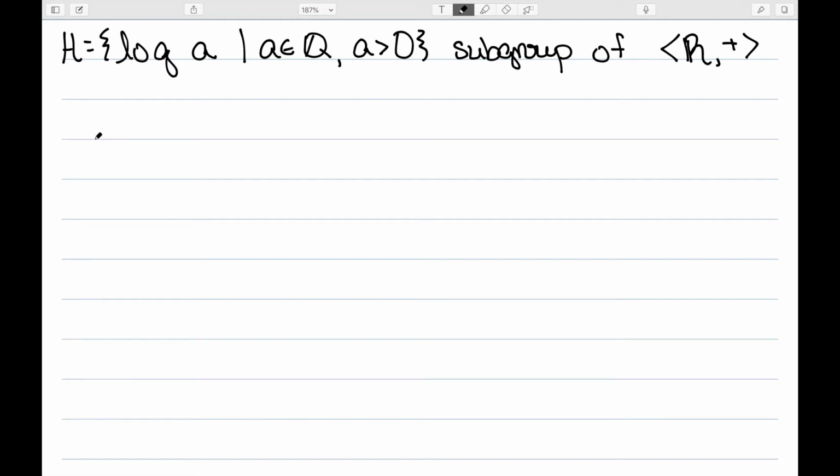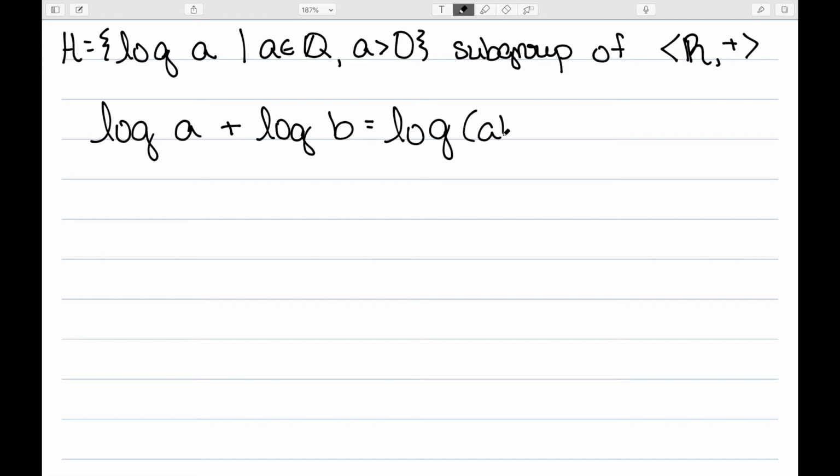We need to start with two elements of H, so we'll have log of A and log of B, assuming that both A and B are rational numbers that are greater than 0. And we need to look at their sum, since our group is under addition. Properties of logs tell me that this is log of AB.